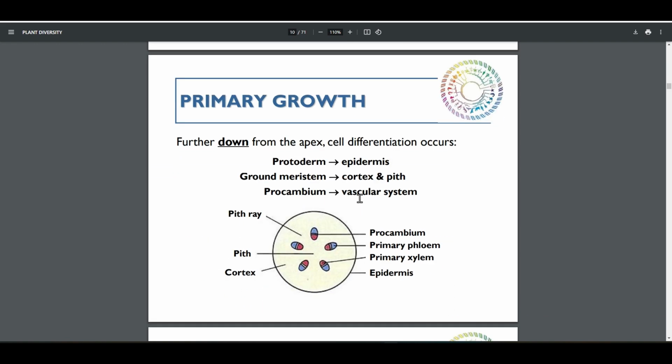So as we go further down from the apex, cell differentiation occurs. The protoderm becomes the epidermis. The ground meristem becomes the cortex and pith, cells, I believe thick-walled cells, that have the ability to store food. And the procambium will become the vascular system. So we have the primary xylem and phloem.